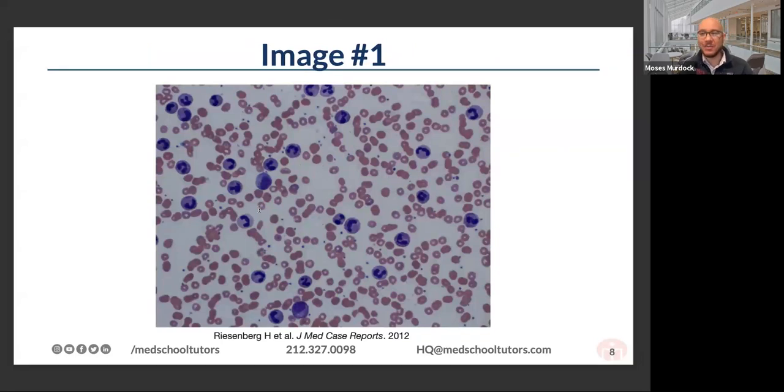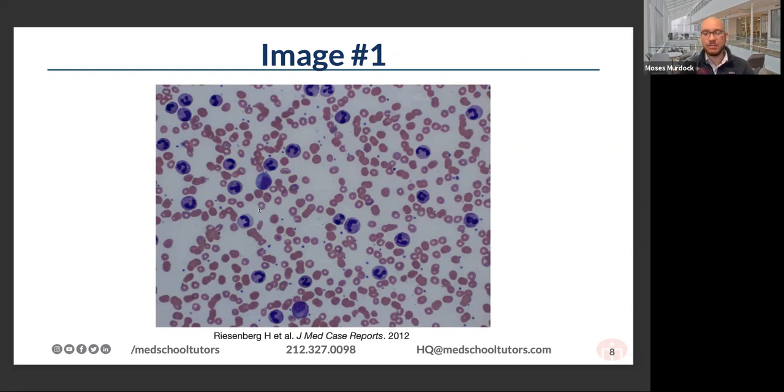Okay, so from here on out, we're going to go through a number of classical vignettes or classic images, and this is where it starts to get interactive. So I would love for you all to put in the chat, what do you see in this blood smear? What looks abnormal, different from the slide that I just showed?